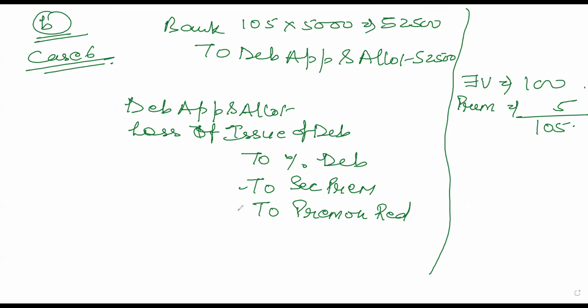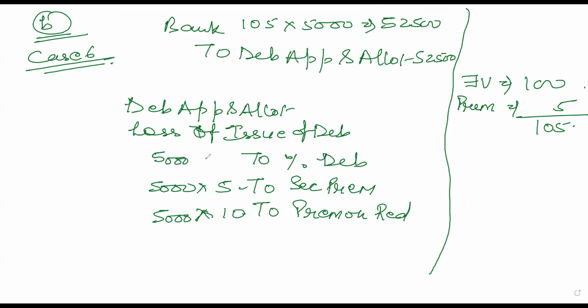Now see the amount. 10% means 10% premium on redemption, that is 10 rupees. So 10 multiplied by how many debentures there are, 500. What is the securities premium at the beginning when the debentures are issued? 5% of 100 is 5. So 5 multiplied by 500. For percentage debentures, we always take the face value.